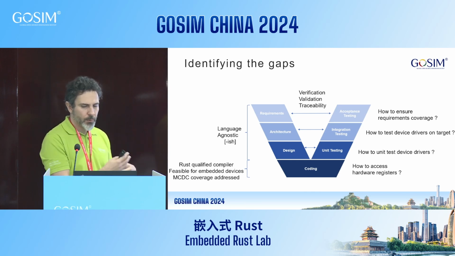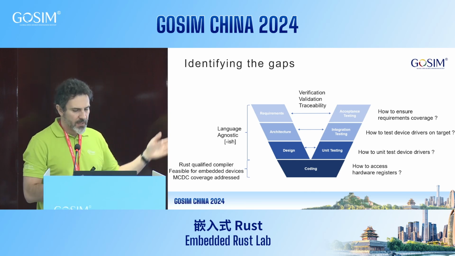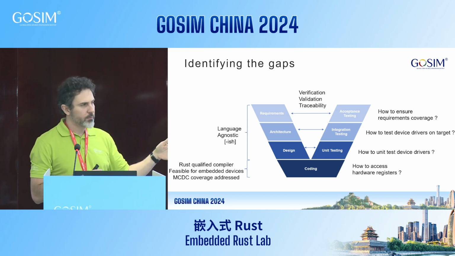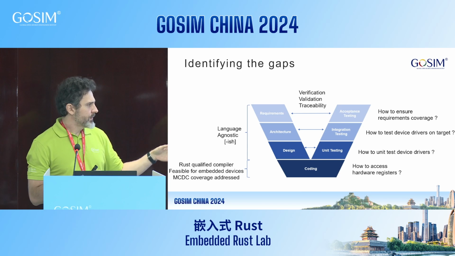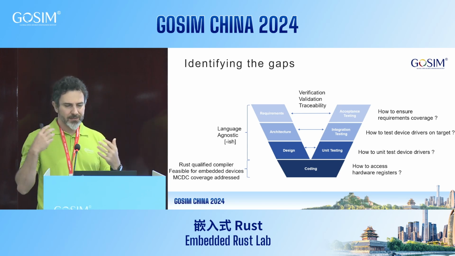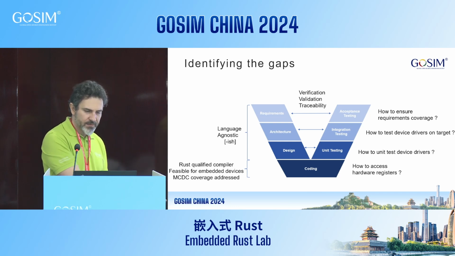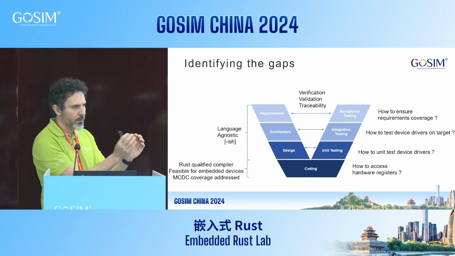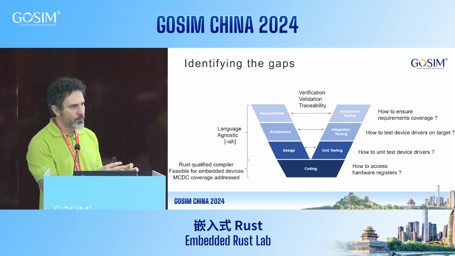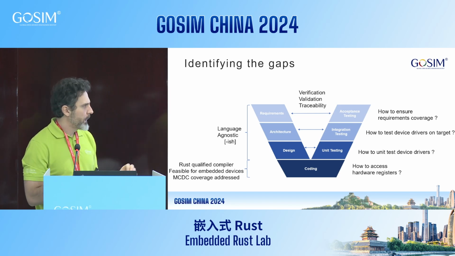Then we started looking at the right side. On the right side, we had to answer these 4 questions. First of all, how do I get access to the hardware using Rust? How can I test these drivers that are accessing the hardware in a unit way, isolated from the rest of the components and still isolated from the hardware itself?